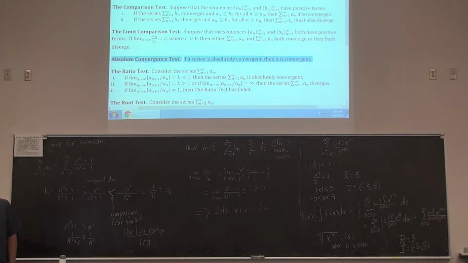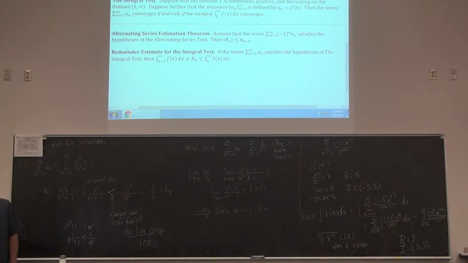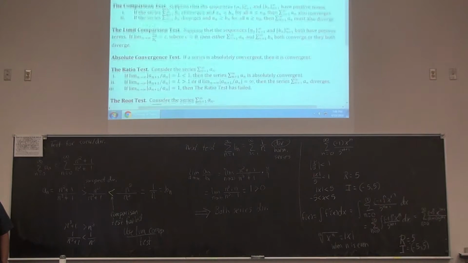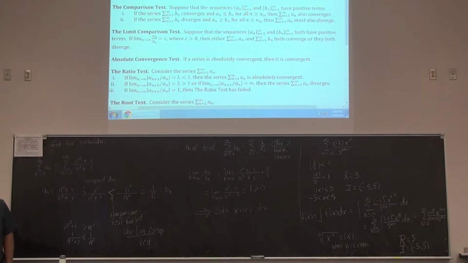The next thing that I would probably throw on there is the alternating series estimation theorem. This one is also not on the flow chart, and it's a great question, because it allows us to say how you would estimate this if you had to, and how you would determine the magnitude of the error in that estimation. It'd be fun to do this one, but we didn't do that as part of our homework, so we're skipping the integral test estimation theorem. So get the alternating series estimation theorem and the absolute convergence test, and you will have all the necessary parts. Then for your note card, you're allowed to put anything else you'd like on it.